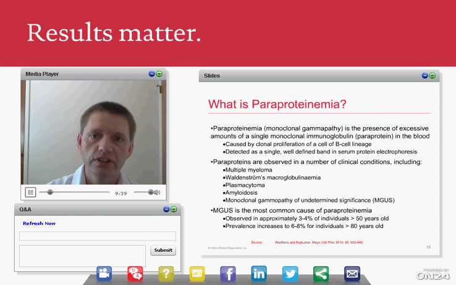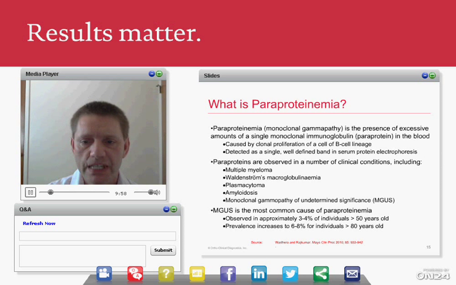First, a little bit of background, because it's not something that I knew a lot about going into researching this area, and I believe that it's a relatively not well recognized area out there. Paraproteinemia is the presence of excessive amounts of monoclonal antibodies in the blood.